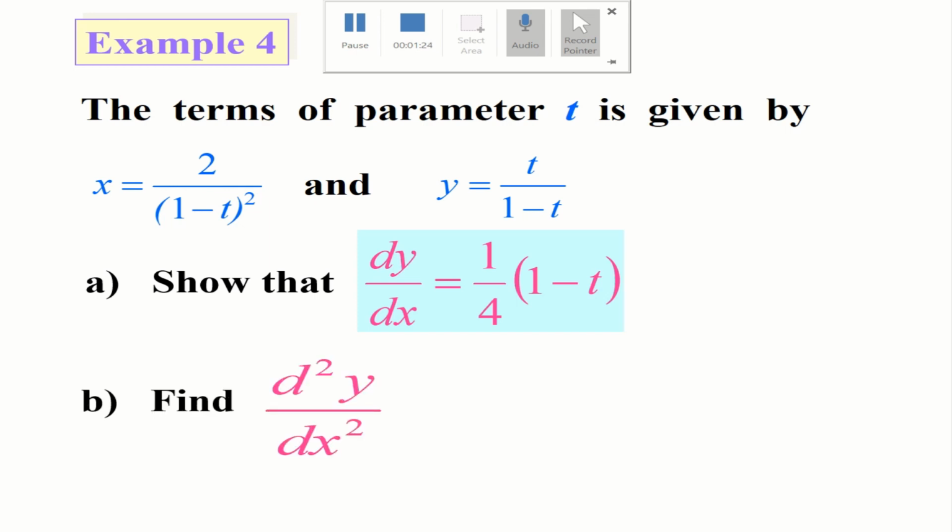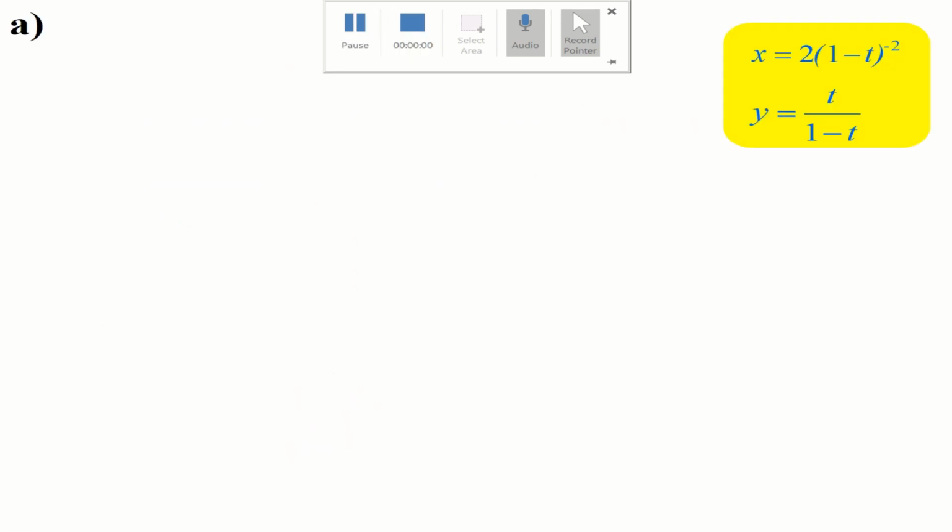And (b) find the second derivative of y with respect to x. For x equals 2 multiplied by (1 minus t) to the power of negative 2, we can apply the power rule. So to find dx/dt, we apply the power rule. So we bring negative 2 to the front.